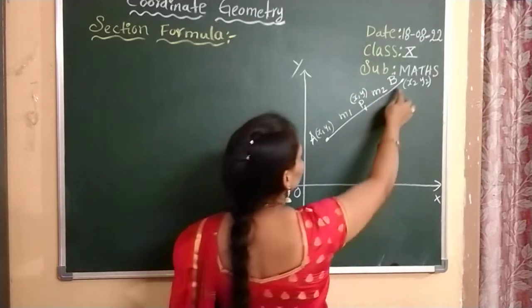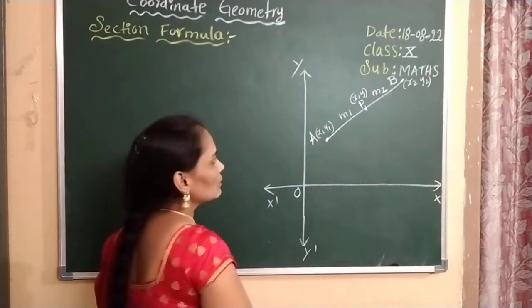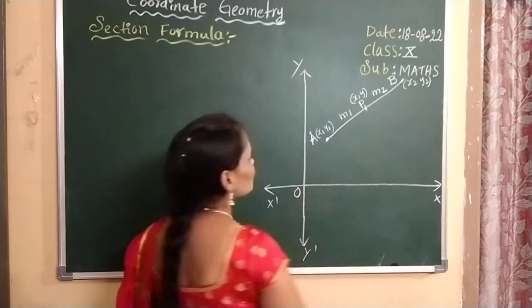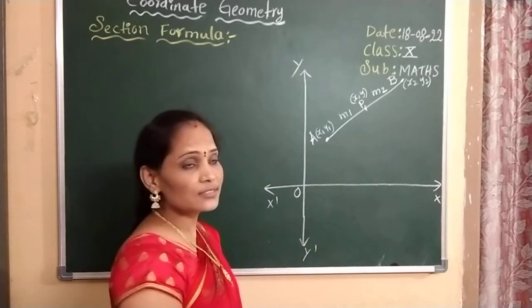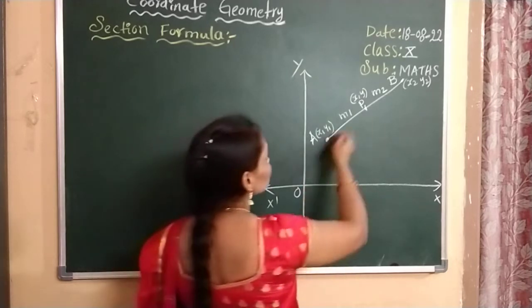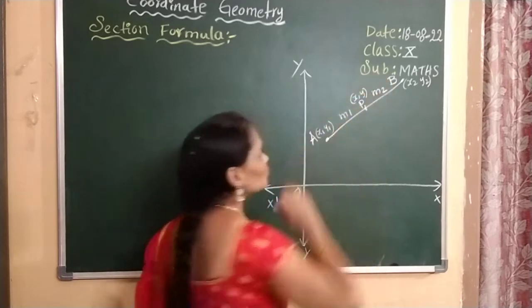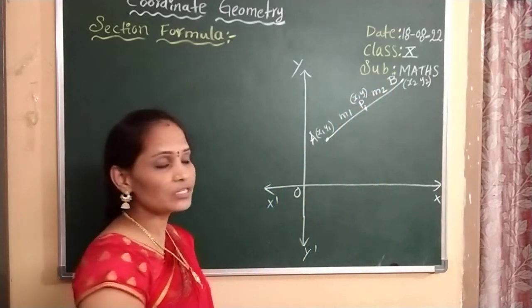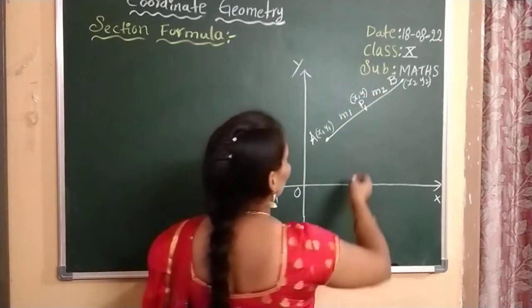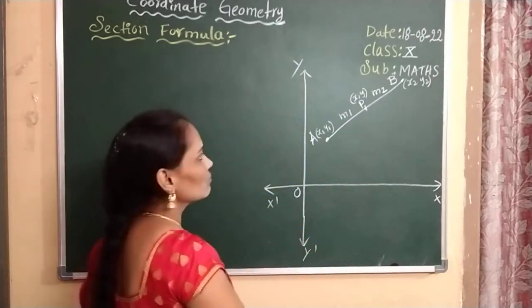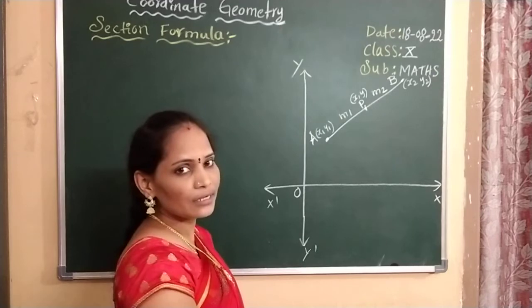This is the line segment AB, and on it, point P is dividing the line segment AB in the ratio m1 is to m2 internally.